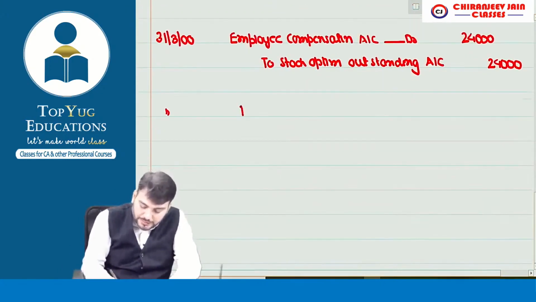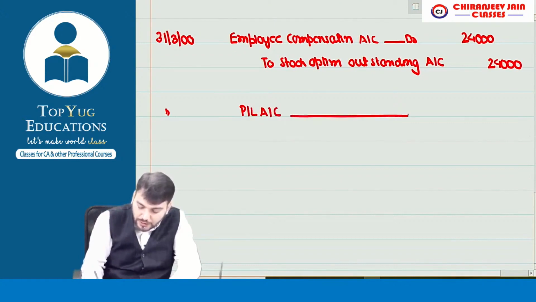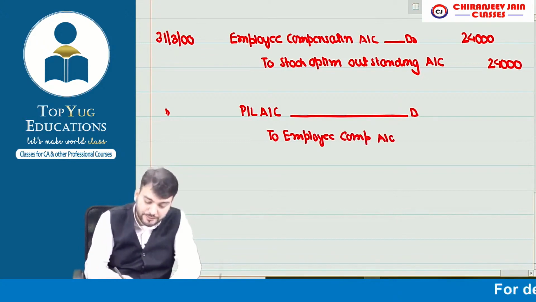Then in the same year we'll transfer profit and loss account debit to employee compensation account. Correct?